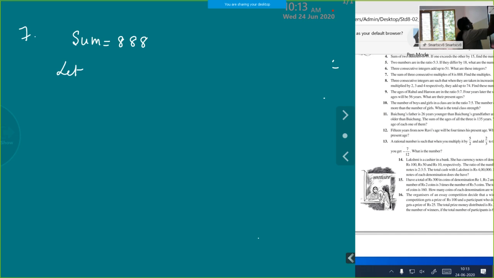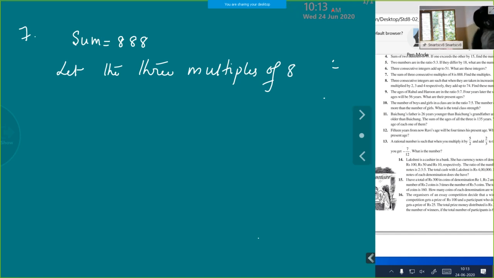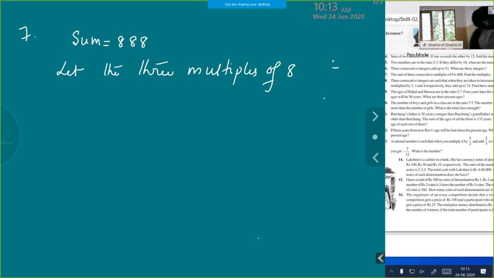So let the three multiples of 8 be x, x plus 8 and x plus 16.